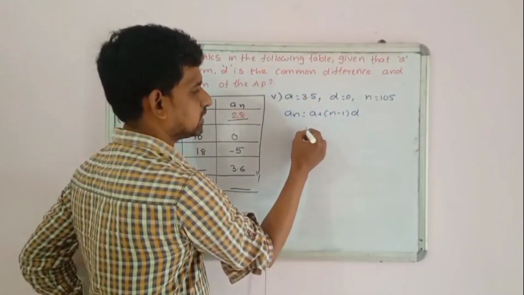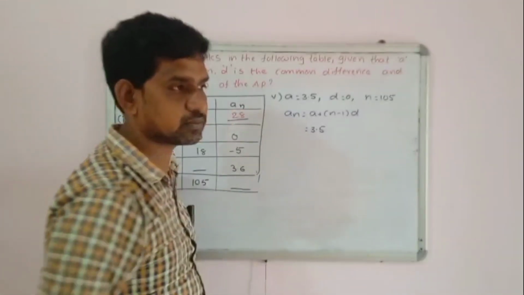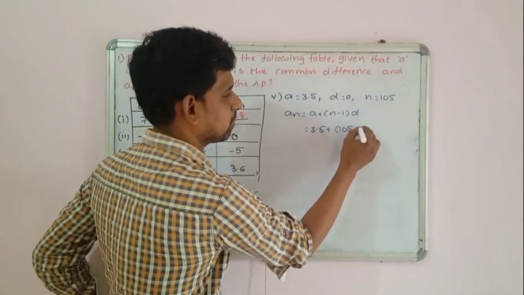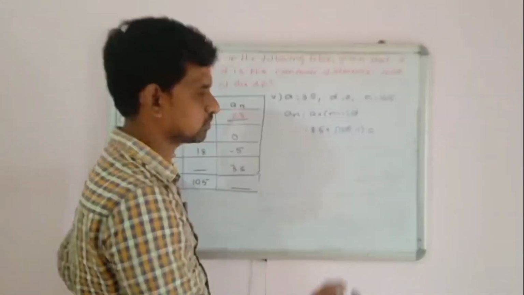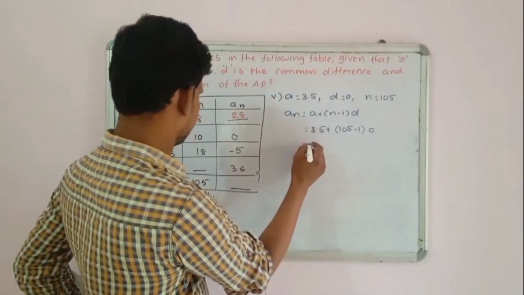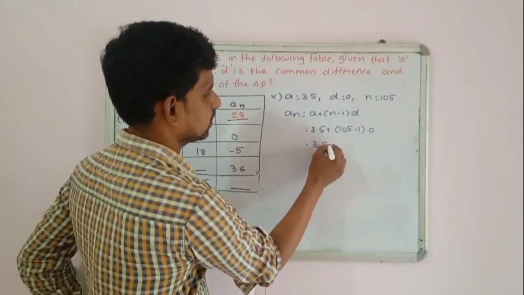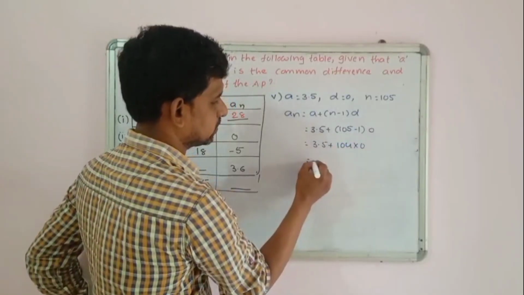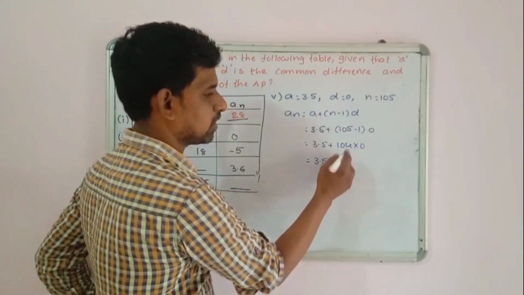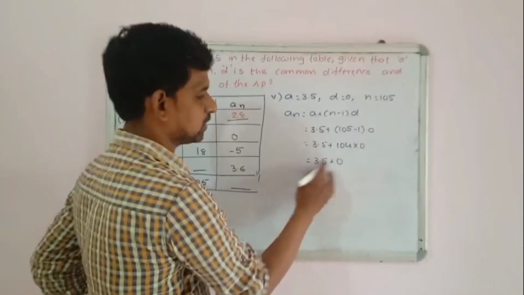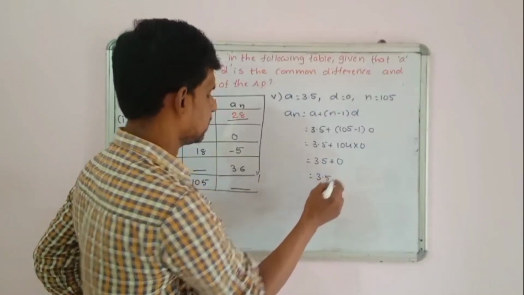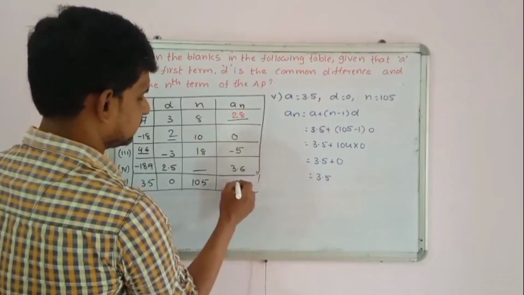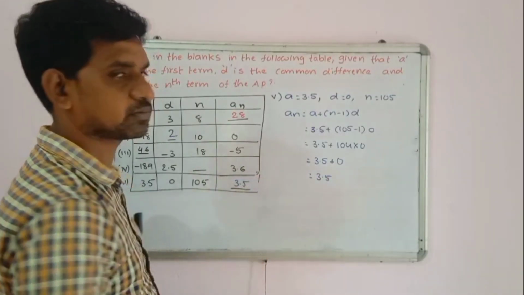The value of a is the first term 3.5 plus (105 minus 1) into d value 0. So 3.5 plus 104 into 0 is 0. So 3.5 plus 0 is 3.5. The value of an is 3.5.